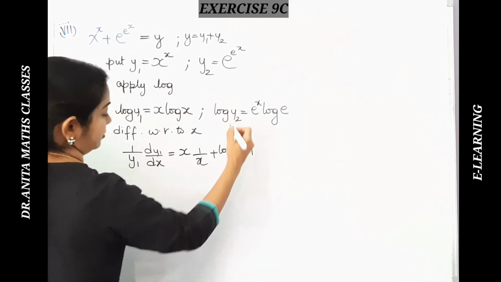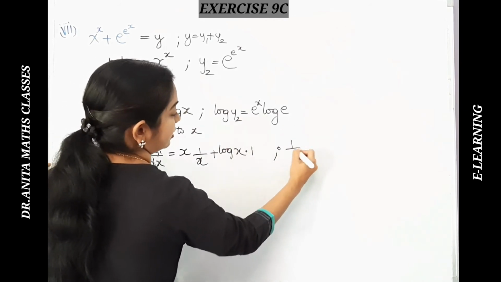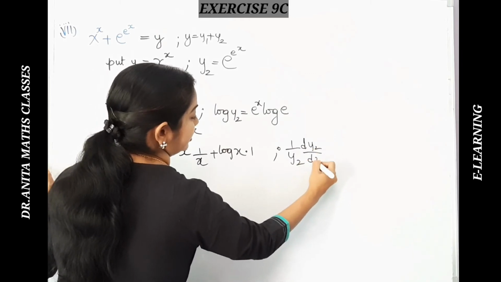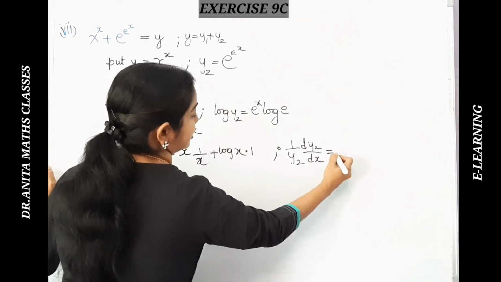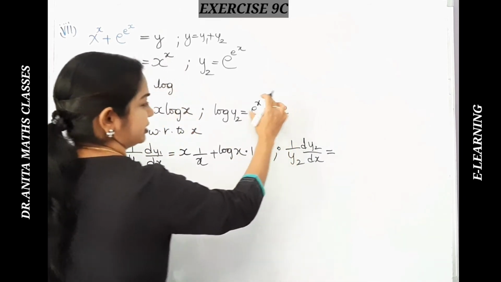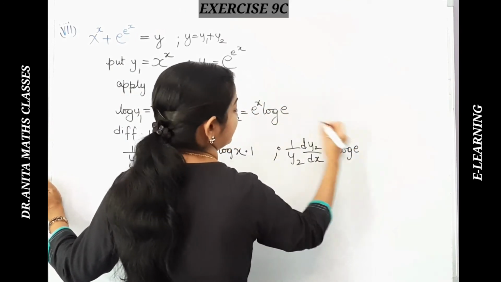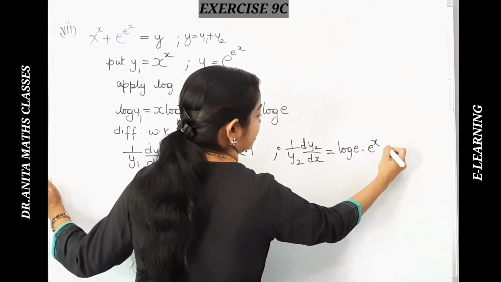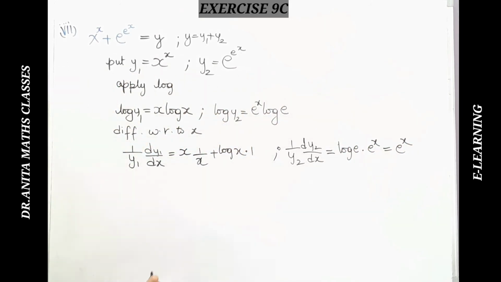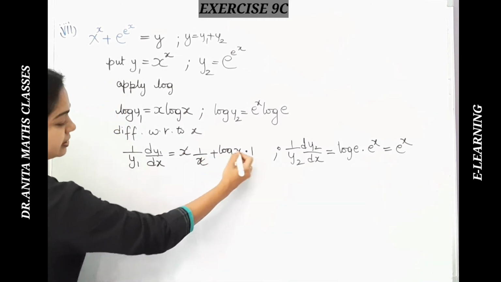Now for this one, 1 by y2 dy2 by dx is equal to, here log e is just 1, so you can take log e outside. The differentiation of e to the x is just e to the x. So log e is 1, and 1 into e to the x is e to the x. Here x cancels, so 1 plus log x.